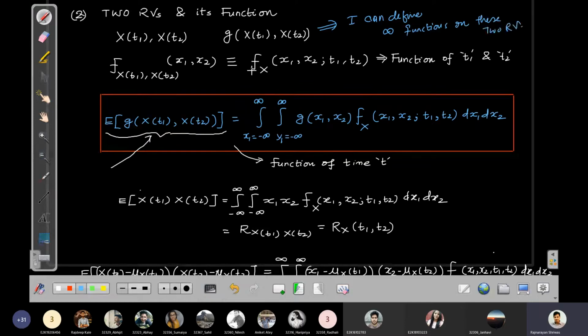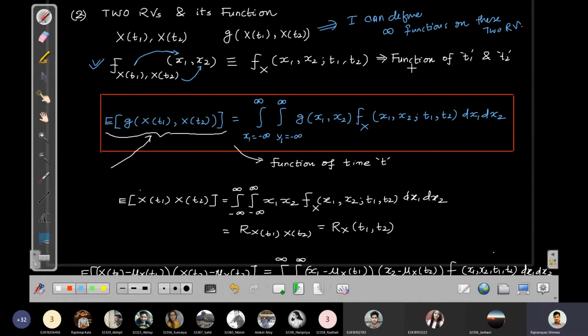Right? When you have two random variables, you have to talk about the joint PDF of these two random variables at the same time. This is the joint PDF of xt1 and xt2, when xt1 takes the numerical value x1 and xt2 takes the value x2. Again, I can write it in this notation, that this is a random process sampled at t1 and t2.